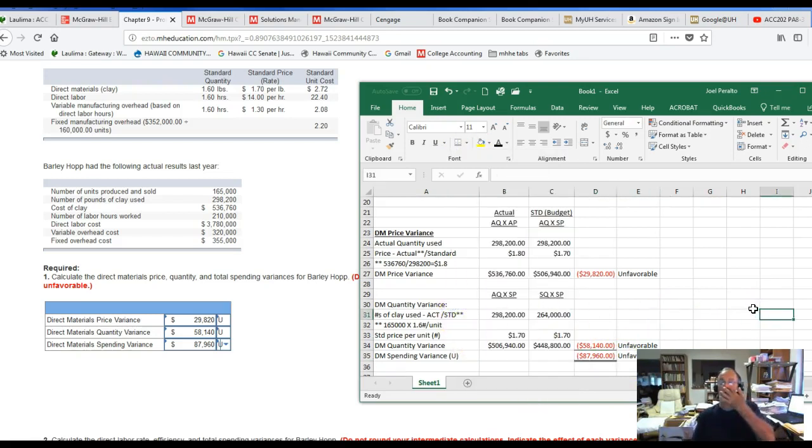So let's see if we can use that basic approach, and that's basically what it is for the labor variances, which are on page 385, Exhibit 9.7.